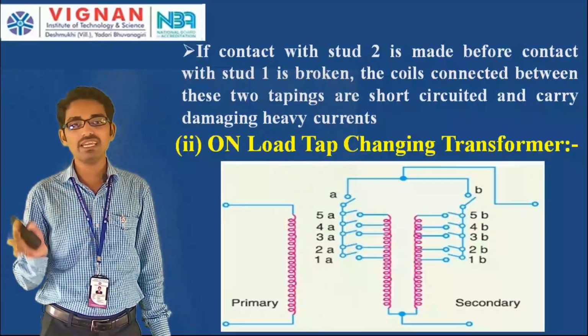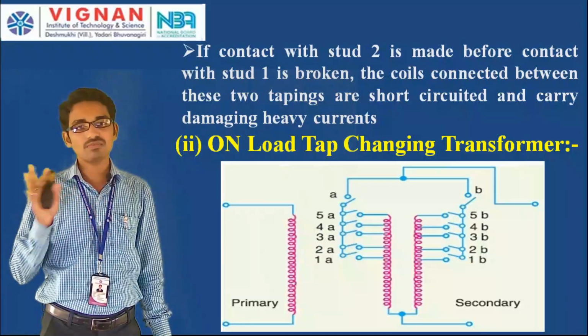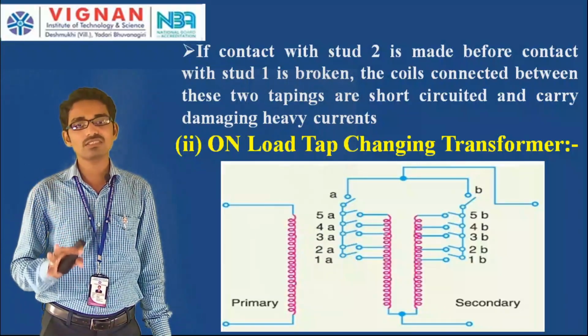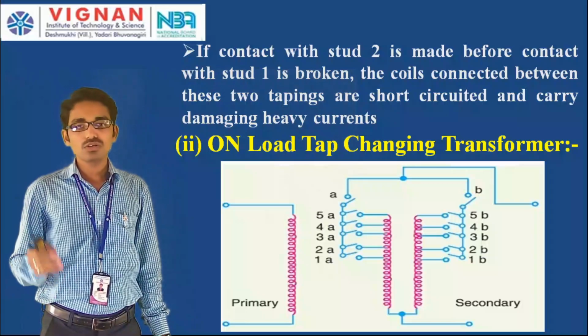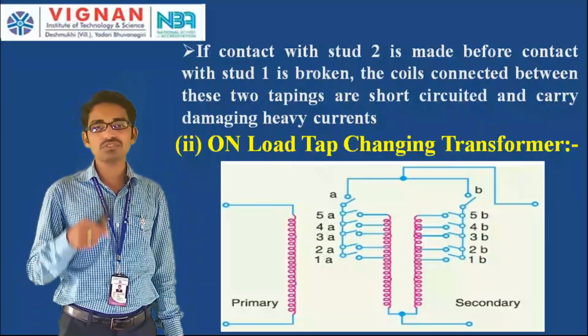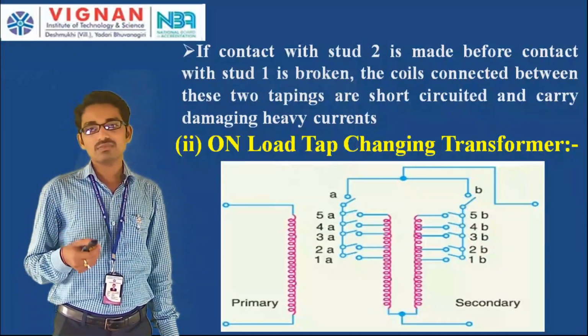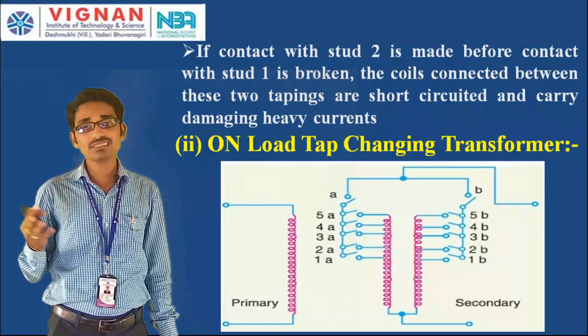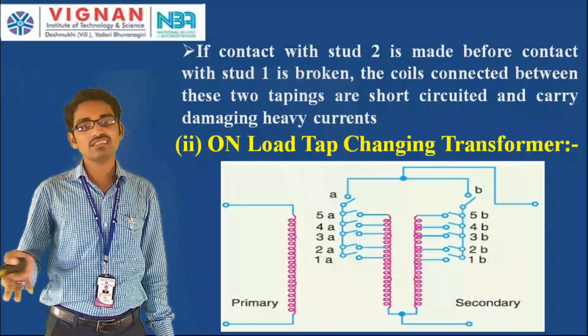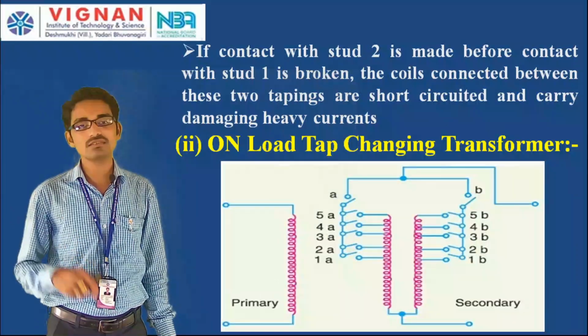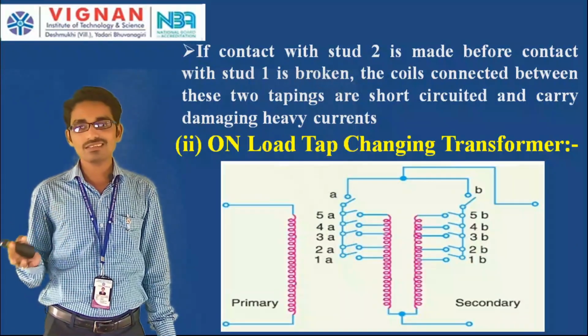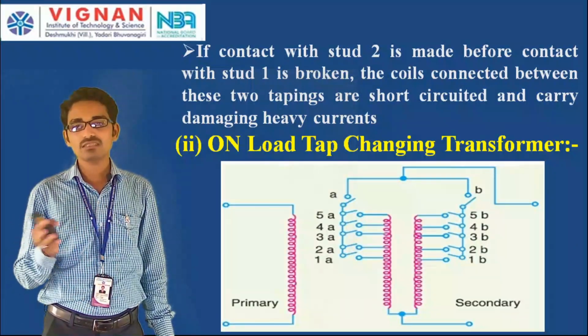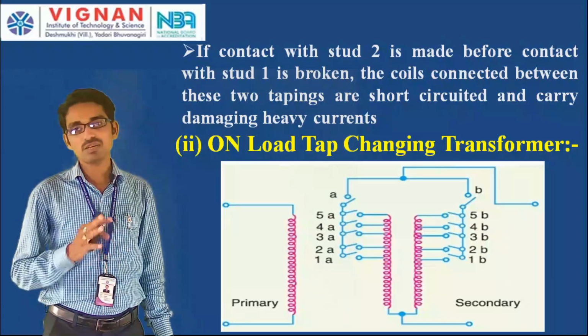Our main aim in the electricity power system is to provide continuity of supply to the consumers. If we disconnect the supply to change the tap positions, there is an interruption, there is no reliability to the consumer, and no trust in the electricity supply or distribution departments.